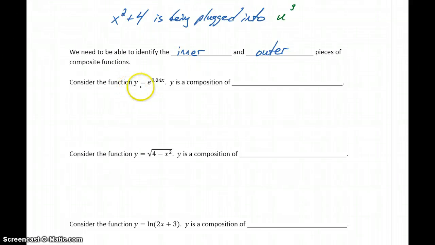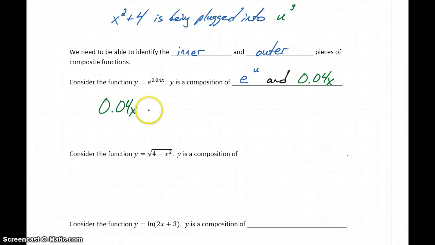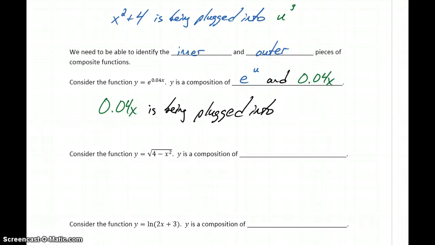So now let's consider the function y equals e to the 0.04x. In this case, y is a composition of e to the u, that's that outer function, and 0.04x is our inner function. So essentially what we're saying here is that 0.04x is being plugged into e to the u.